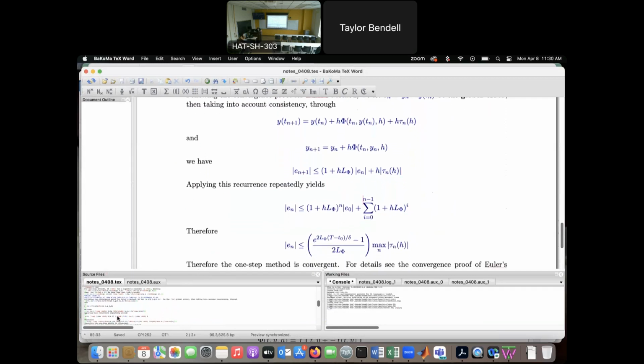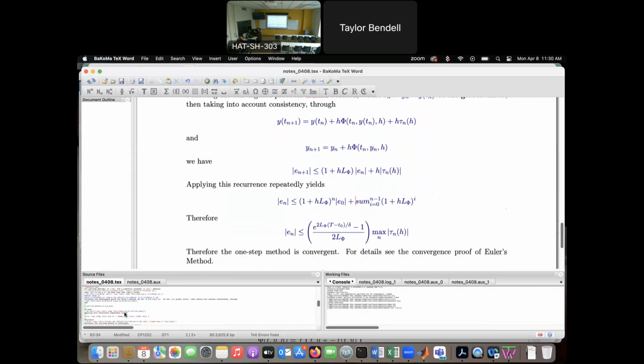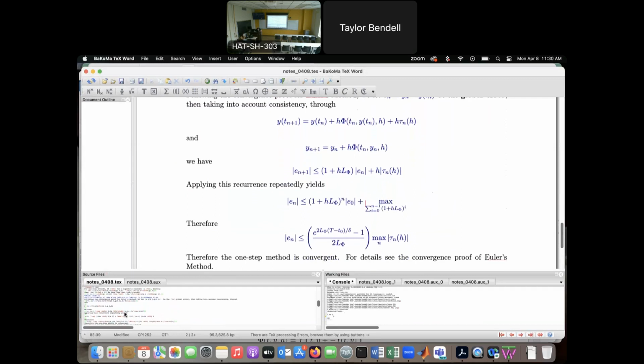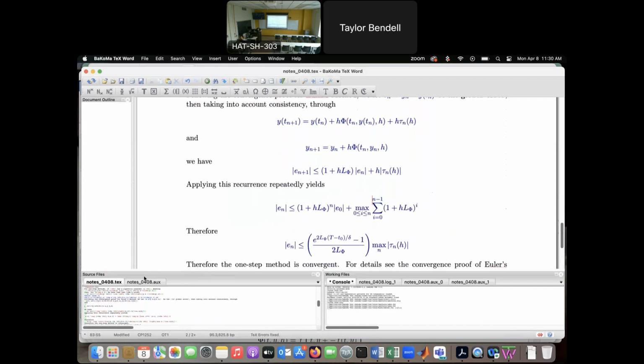Actually, what I'll do in this case is take the maximum. Sorry, I'm having trouble typing. We have the maximum of this term over all time steps, because we're just finding one upper bound anyway, times all these factors that accumulate.